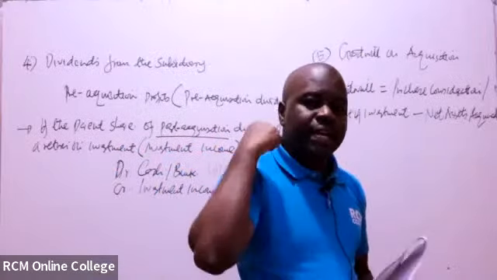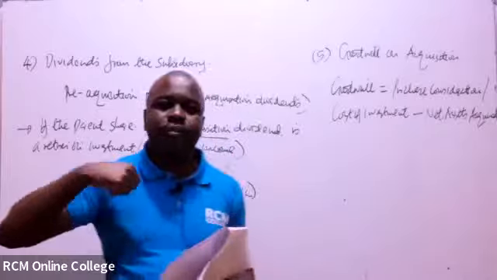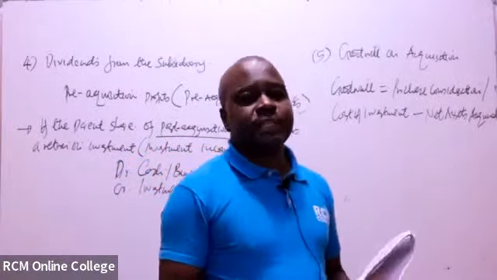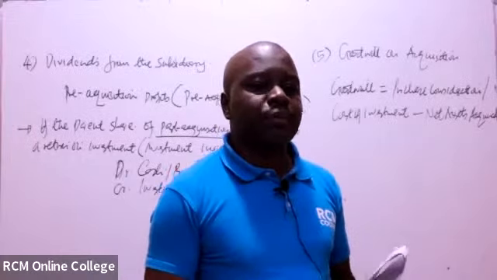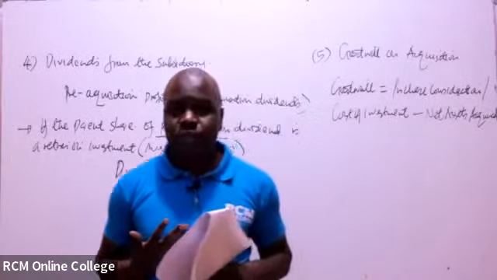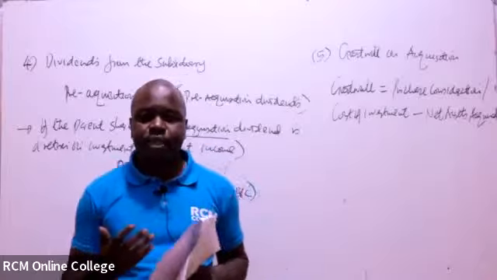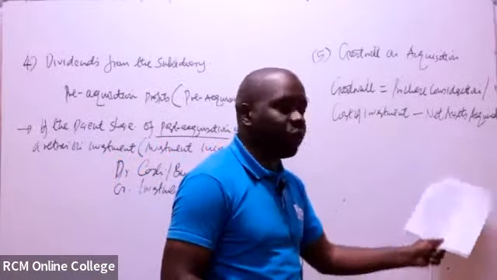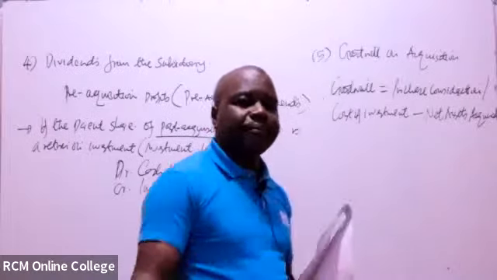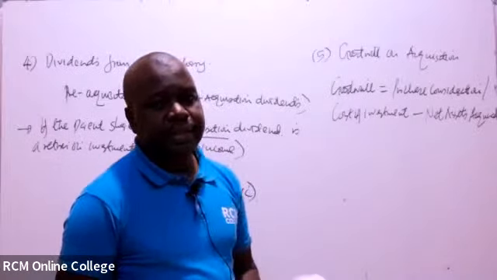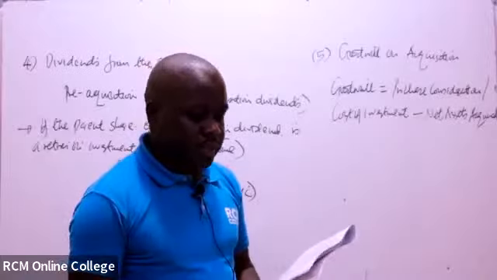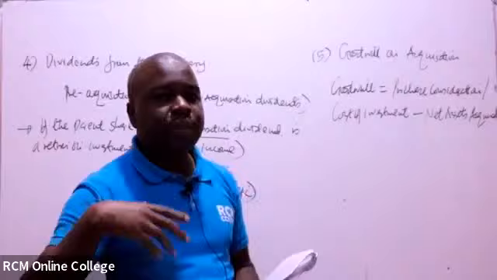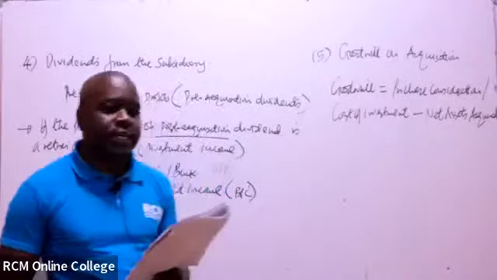Here we don't call them minority, we call them the non-controlling interest, NCI. You are the one controlling because you are in the majority, having acquired the subsidiary. So if it is an 80% acquisition, the remaining 20% are the non-controlling interest.